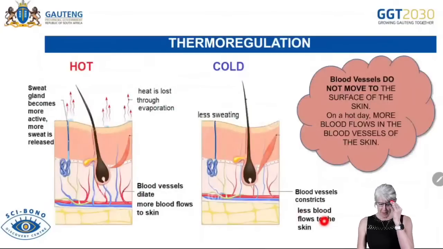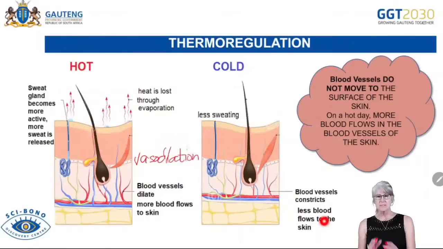All right, then thermoregulation. Remember, that is a function of the skin. And in hot conditions, what's going to happen is the blood vessels just below the surface of the skin are going to dilate, and we call that vasodilation. So the blood vessels dilate, and when they dilate, there's more blood that is able to flow through those blood vessels.